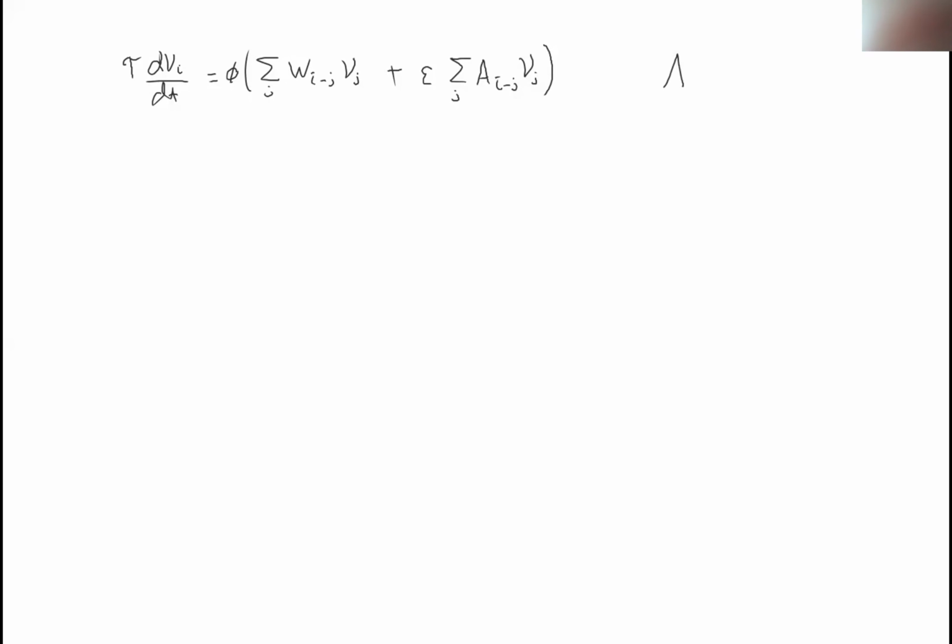We write tau d nu_i/dt equals phi of the sum over j of w_{i-j} nu_j, plus some prefactor, which I'll call epsilon, times the sum over j of some matrix A_{i-j} nu_j, where A_{i-j} is asymmetric, equals minus A_{j-i}.